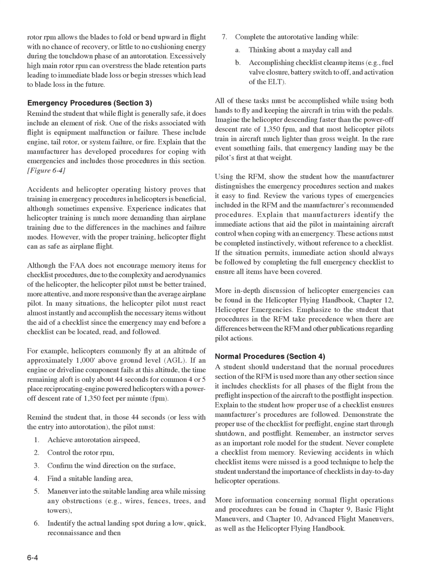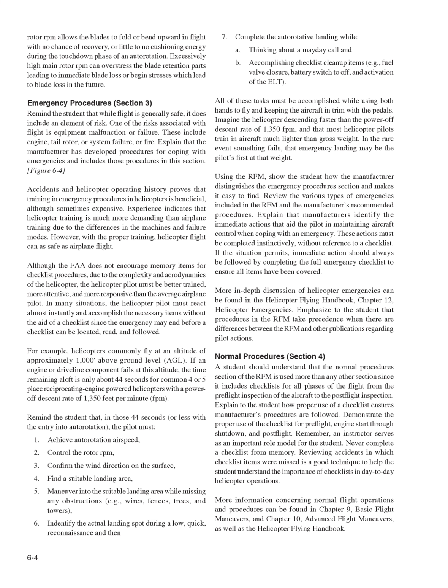For example, helicopters commonly fly at an altitude of approximately 1,000 feet above ground level, AGL. If an engine or driveline component fails at this altitude, the time remaining aloft is only about 44 seconds for common 4 or 5 place reciprocating engine-powered helicopters with a power-off descent rate of 1,350 feet per minute, FPM.